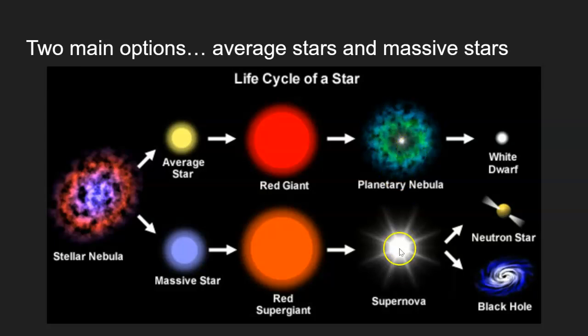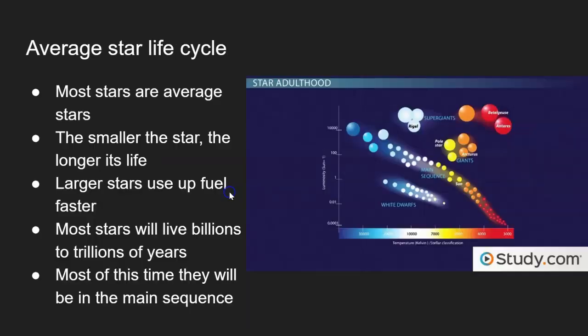Here they're basically expelled. Here they're exploded. And then the material that's left will implode on itself, and it'll either turn into a super dense neutron star. These are very dense. Or, if it's large enough and massive enough, it could turn into a black hole. Yes, black holes are real.